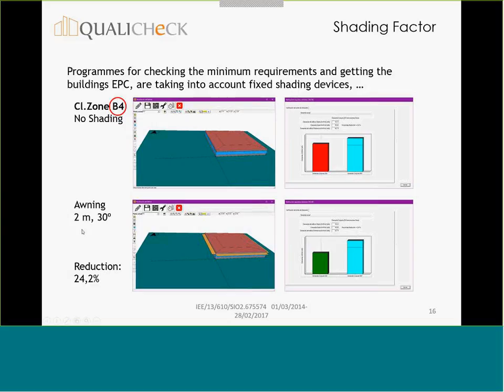And installing the same awning as before, we are below the limit. The reduction is a little bit lower than before, but it's enough for fulfilling the minimum requirement, only 24.2% of reduction. Well, this is for the fixed shading devices.